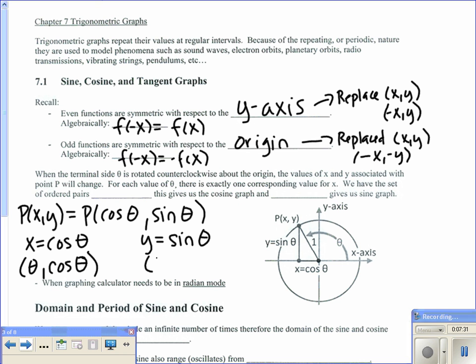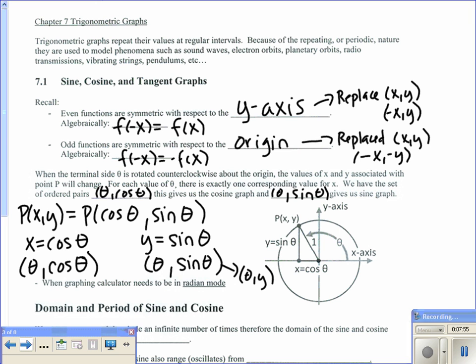So in this case, I would get your angle, comma, the sine of that angle, which is your y value. That gives you your ordered pair. So you can also write that as theta, comma, y, because that's what we're really looking at on our unit circle. So this would be theta, comma, cosine theta, and theta, comma, sine theta. Those allow us to graph the sine and cosine graphs.